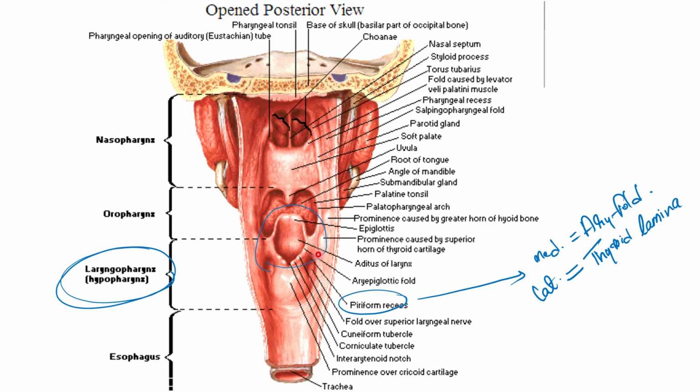The pyriform fossa is the deep mucosal depression seen on the lateral wall of the laryngeal inlet. It makes up the lateral relation of the laryngopharynx, and it is limited medially by the aryepiglottic fold and laterally by the inner surface of the thyroid cartilage. Above, it is limited by the pharyngoepiglottic fold, which makes up the valleculae.